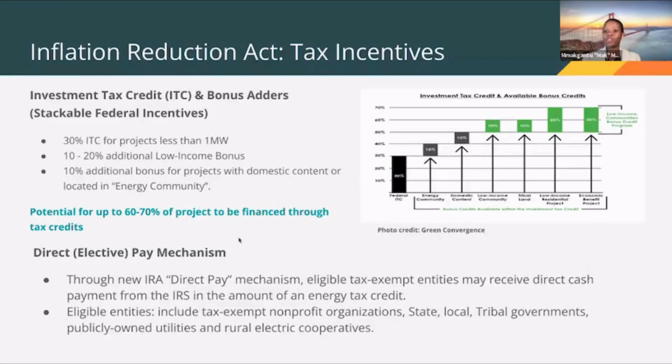They are now not just the standard 30% ITC, investment tax credit, but also additional bonus adders.